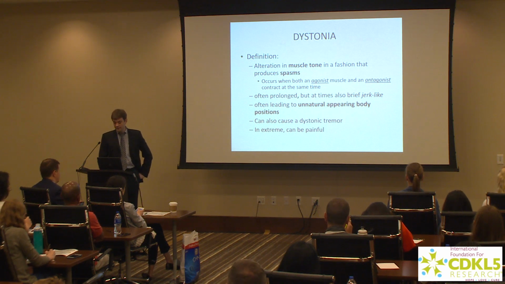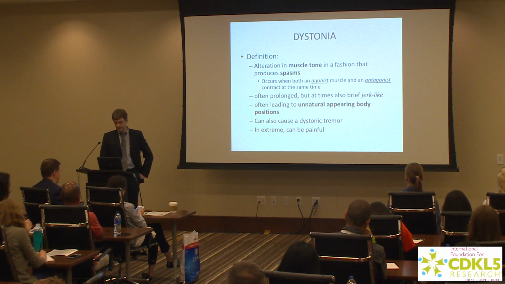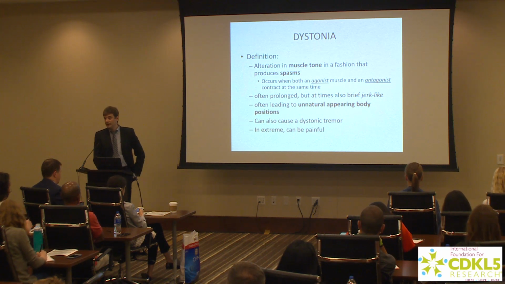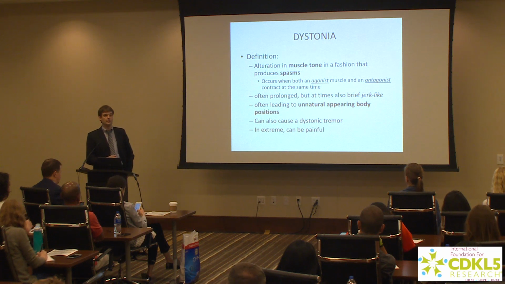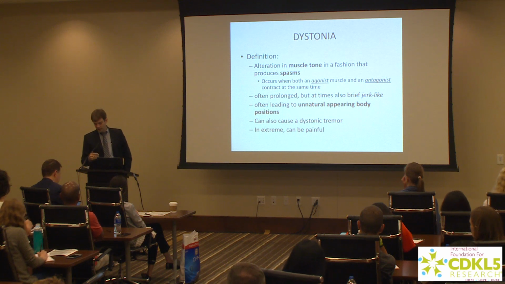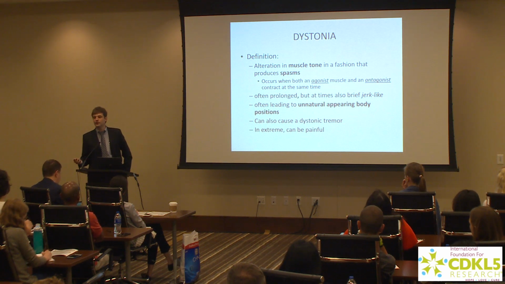These events are often prolonged, occasionally are brief and jerk-like and can then be confused with spasms, and they often lead to unnatural appearing body positions. If they're really intense, they can lead to a tremor, and then you can imagine, and maybe even have seen it in your children, that the picture becomes very close to the picture that could be produced by a seizure.